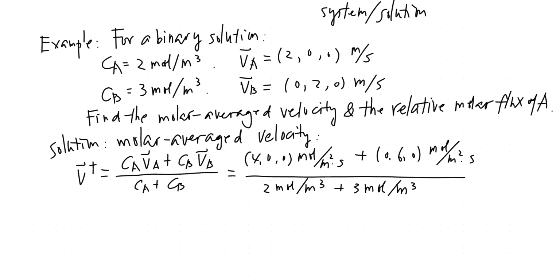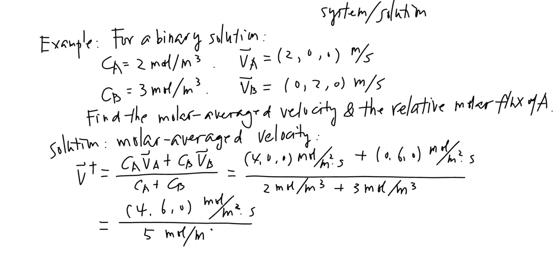The numerator gives you (4, 6, 0) mole per meter squared second. The denominator gives you 5 mole per meter cube. So the molar average velocity is (0.8, 1.2, 0) meters per second.